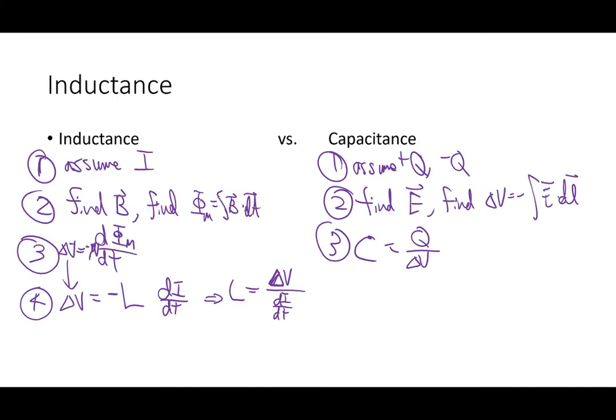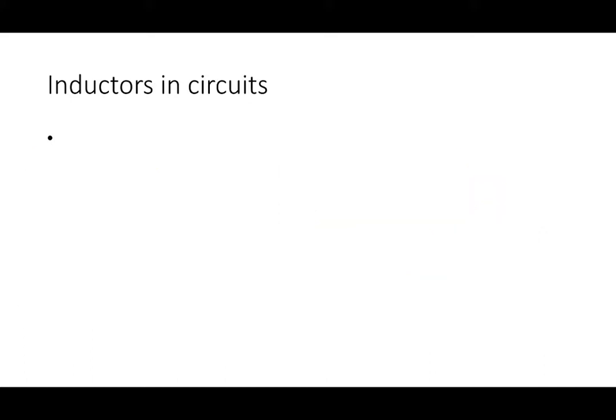So that's one type of question, right? Finding inductance, just like how we did with capacitors. Given a certain coil geometry, go through these steps, find out that inductance. Then there's a whole slew of other questions that have to do with inductors in circuits, right?